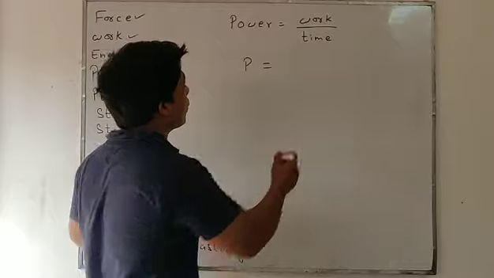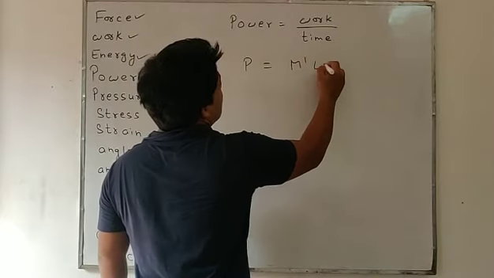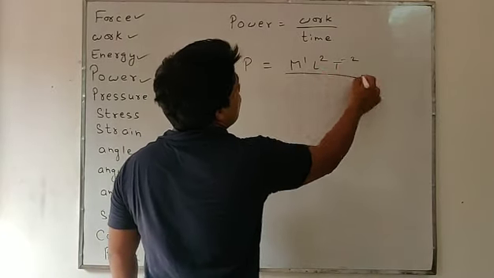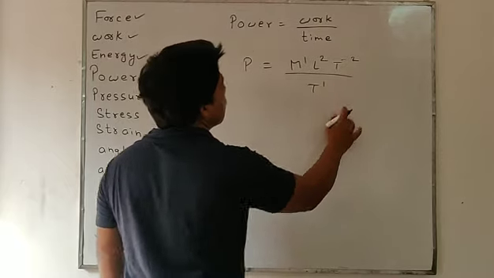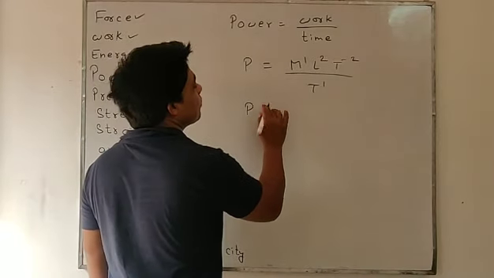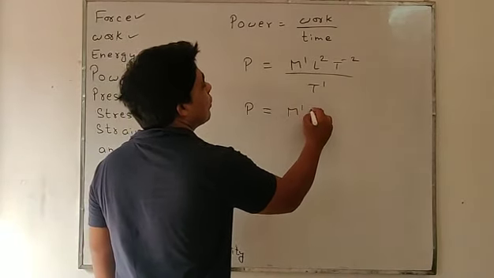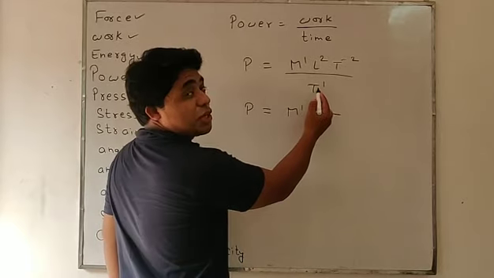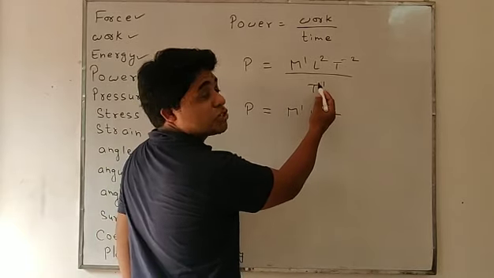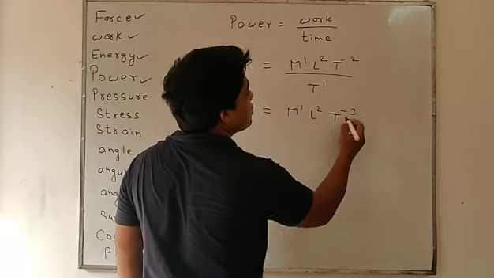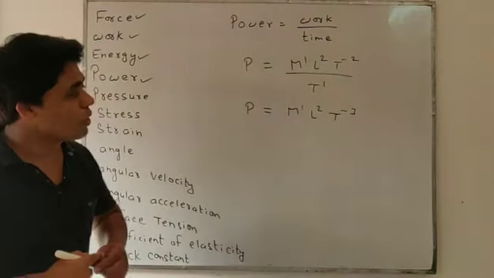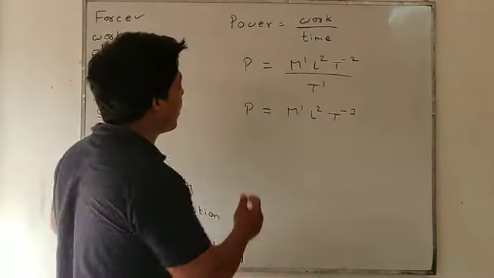What is the dimension of work done? M1 L2 T minus 2, and time is T1. So we can write M1 L2 with T1 transferred upwards. This plus 1 becomes minus 1, so that becomes T minus 3. So M1 L2 T minus 3, that is the dimension of power.